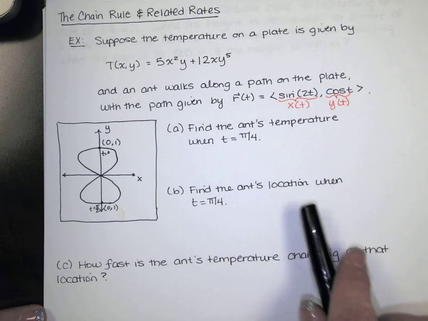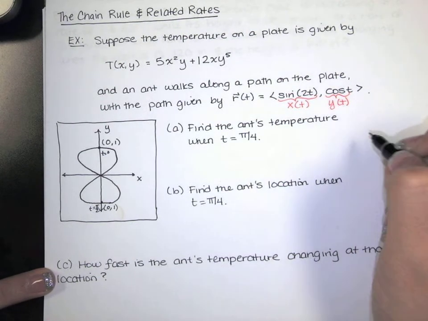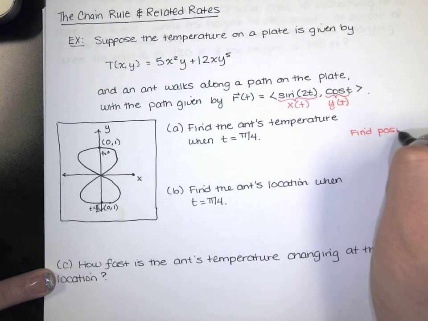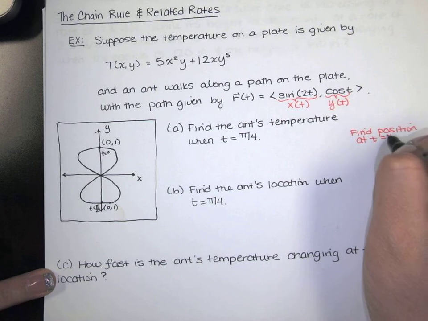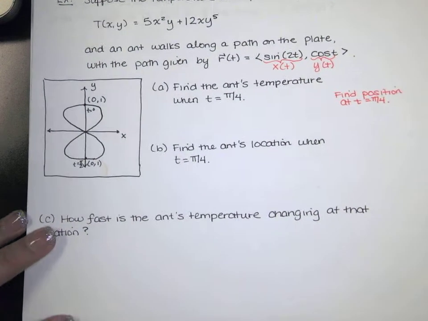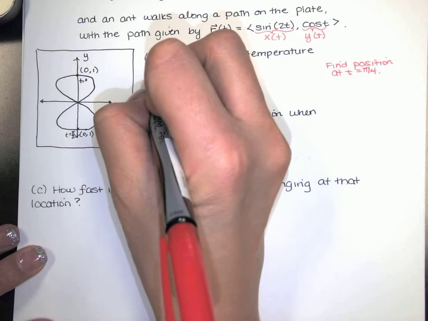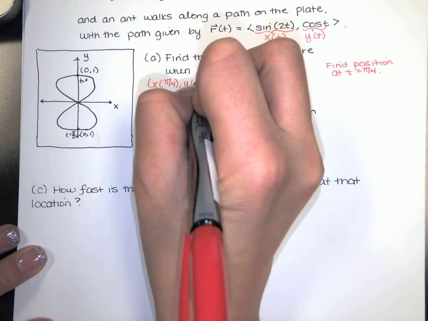First we'll find the position at t equals pi over 4. So I'm thinking of this as position or location at t equals pi over 4. So I need x of pi over 4, y of pi over 4.